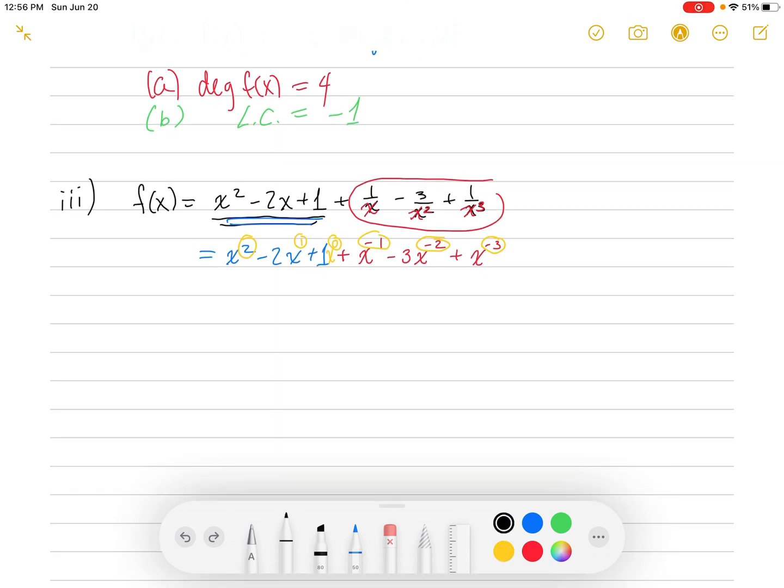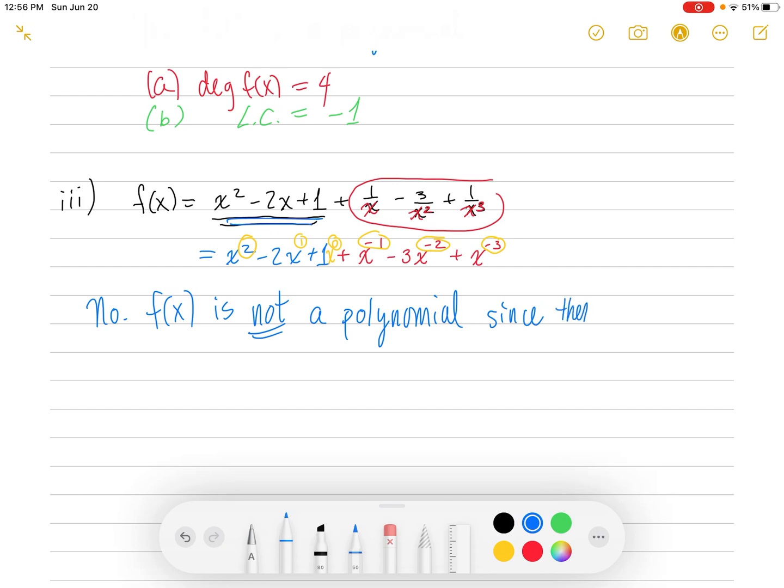So what we're going to say here is no, f of x is not a polynomial, since there are x variables with negative powers.